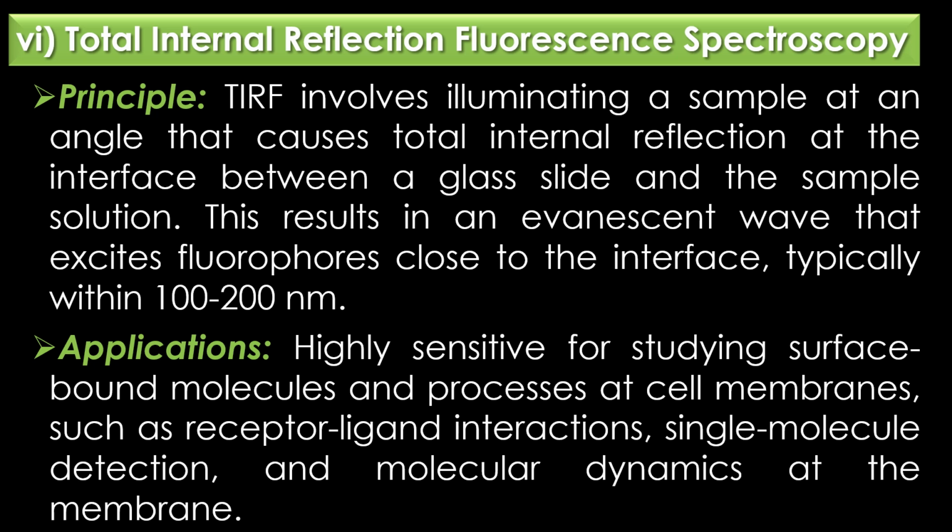This results in an evanescent wave that excites fluorophores close to the interface, typically within 100 to 200 nanometers. Regarding applications, TIRF spectroscopy is highly sensitive for studying surface-bound molecules and processes at cell membranes such as receptor-ligand interactions, single molecule detection, and molecular dynamics at the membrane.